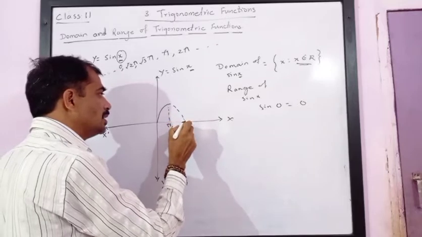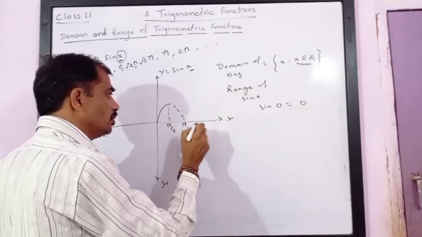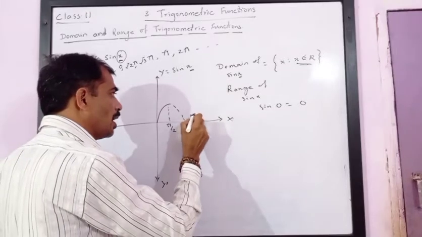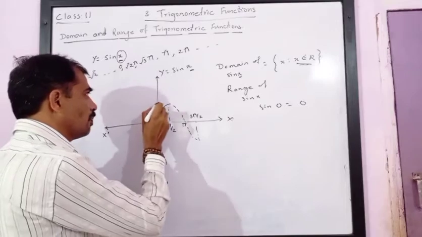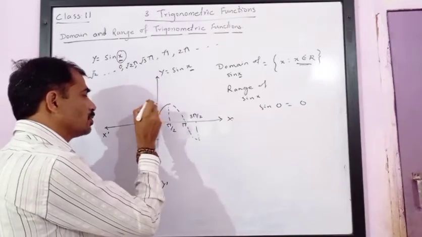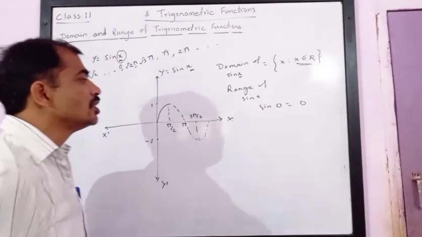Then sin pi is 0. Then sin 3 pi by 2 is minus 1. And for twice pi it again becomes 0.